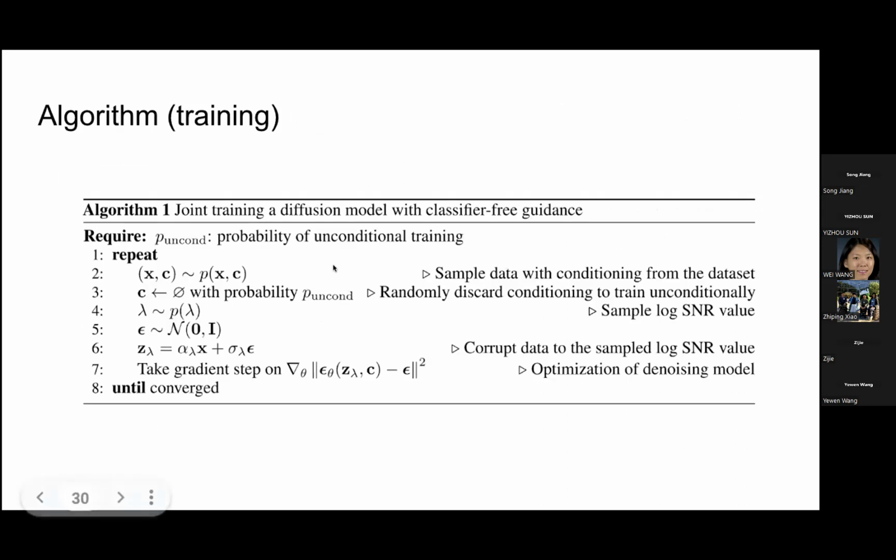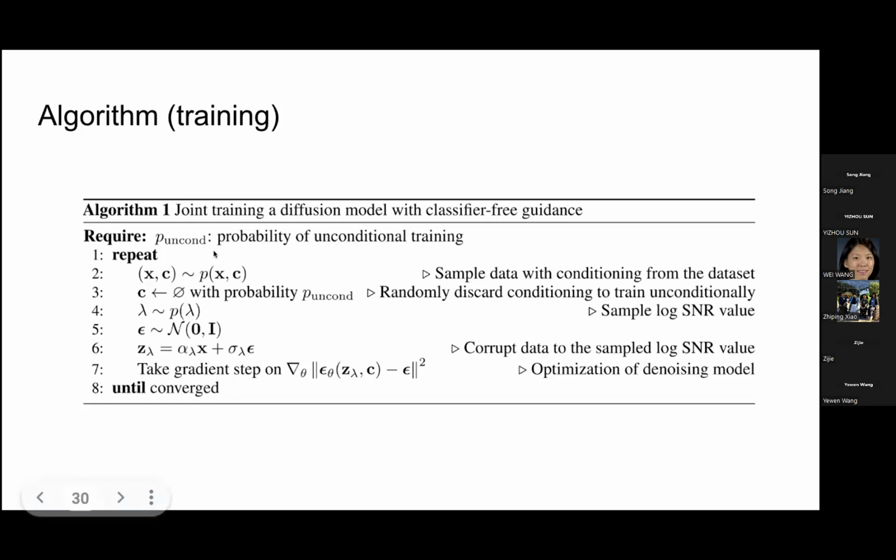This paper uses a different notation system, but during training the only thing we need to focus on is that, with some probability, they replace the y with some specific notation, like the null set here, and all the others are the same as the standard diffusion training.